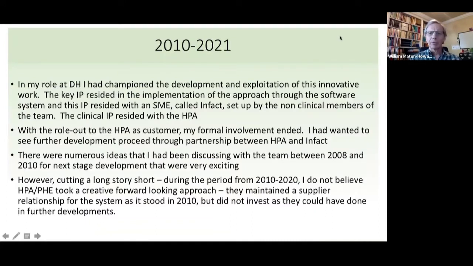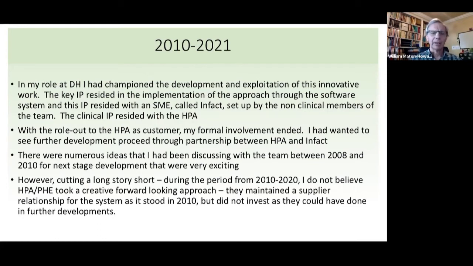Now, this takes us to the point in 2010 where a national system was therefore implemented and in use across the country. And within the Department of Health, I specifically championed this development through these various phases during that period.